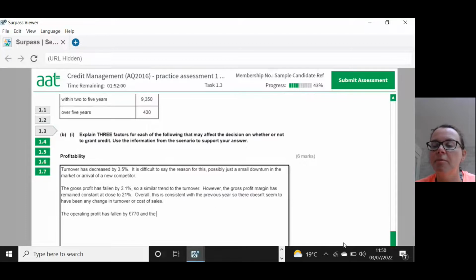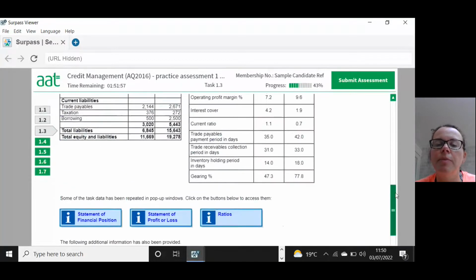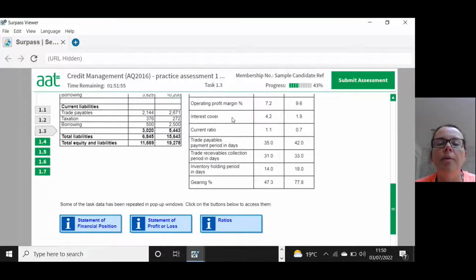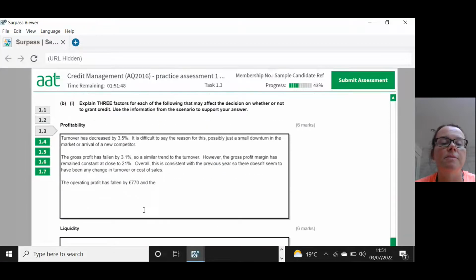And now I'm looking for the ratio. The operating profit margin on this one has changed, look, from 9.6 to 7.2. And the operating profit margin has worsened by, so they've done that one as a percentage, so we could just say by 25% since the previous year.